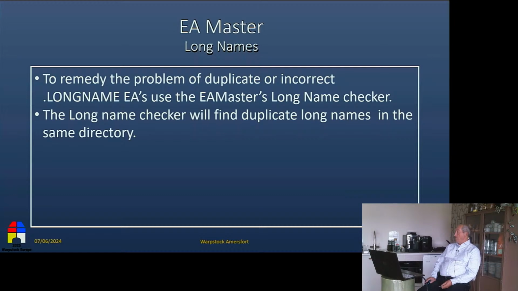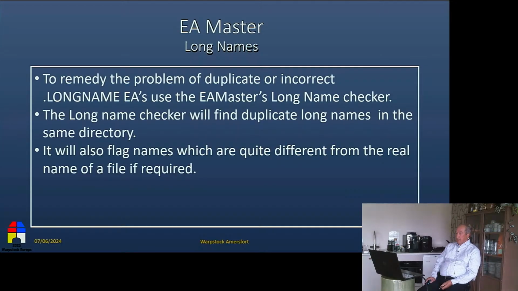Or it will use a bit of fuzzy logic to say the name is really strange in comparison to what you have as the real name. And it will flag these. And you can then look at them and decide, maybe I have to do something or not.